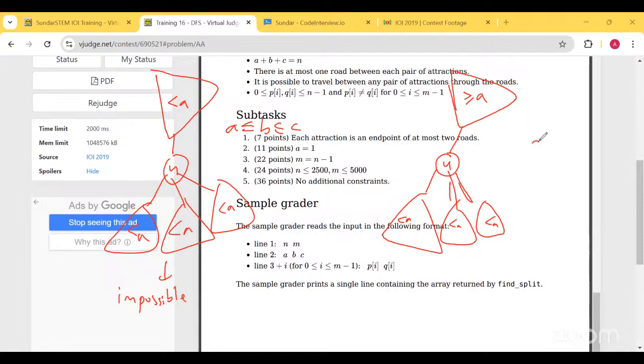How to create a component with A and a component with B, and the rest is for C. Then which node should we take?